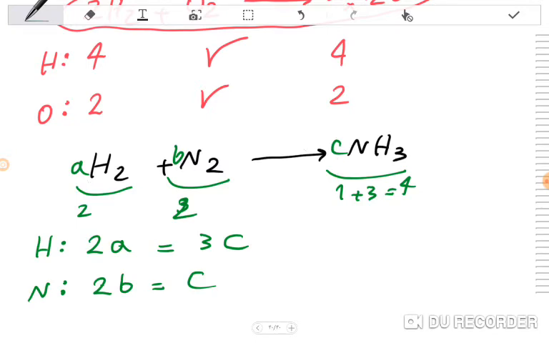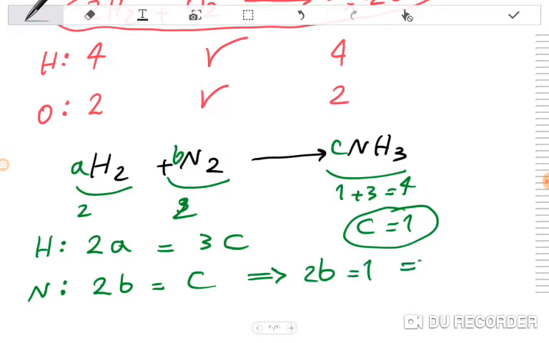For this reason, we take C equal to 1. If C is equal to 1, in conclusion, 2B equals 1. After that, we have B equal to 1 over 2. Okay?